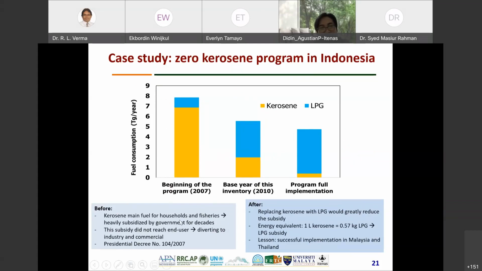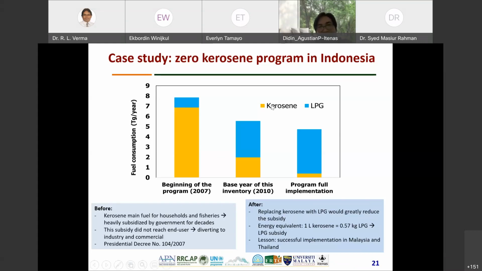Before 2007, kerosene was the main fuel for households and fisheries, because this fuel was heavily subsidized by the government. But the subsidy actually did not reach the end user, and many times it was diverted to the industry and commercial sector. So through presidential decree number 104, 2007, this policy was first promulgated at that time.